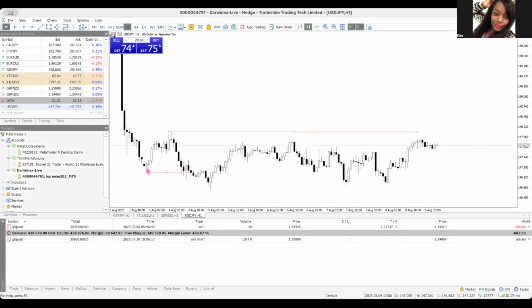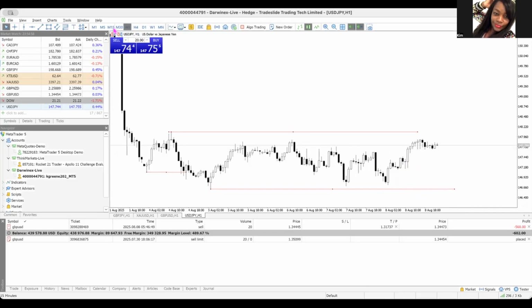This is my break of structure. And this is my swing low, right? See what I'm saying? I hate it. Okay, there it is. All right. So that's my swing low. Of course, everything else is bouncing in between.